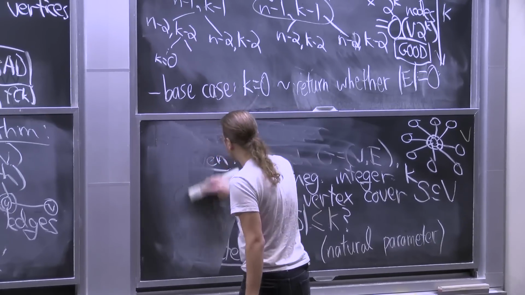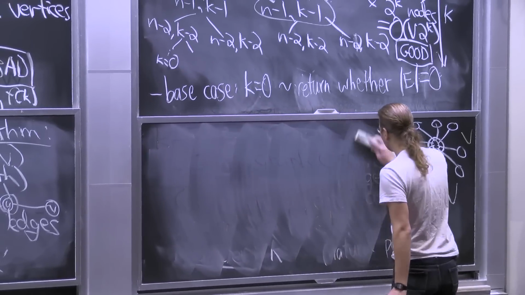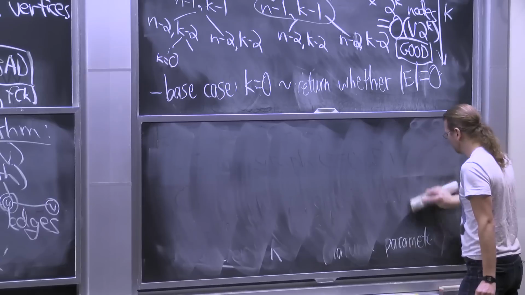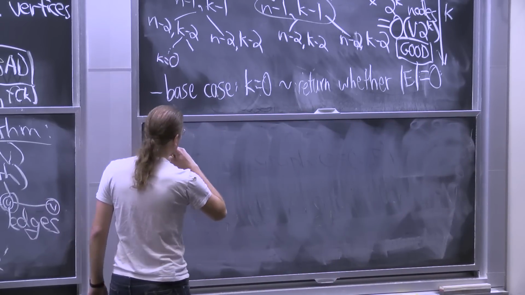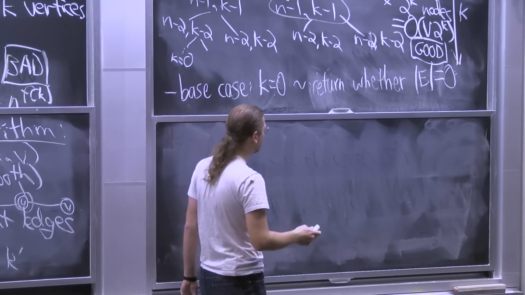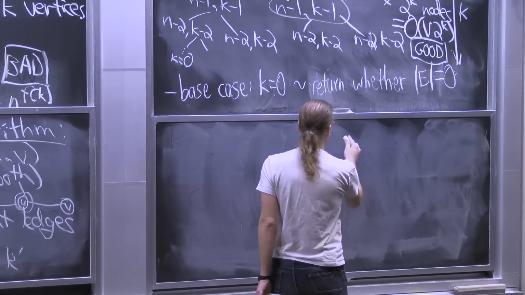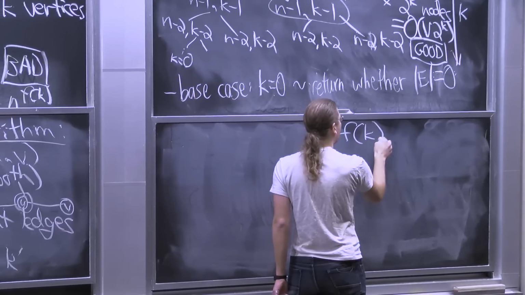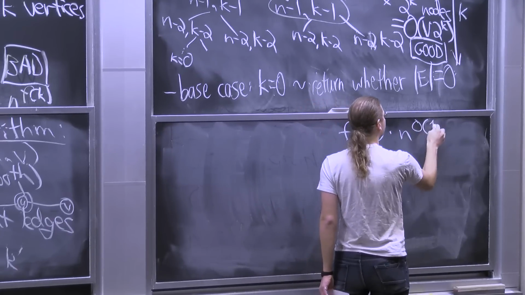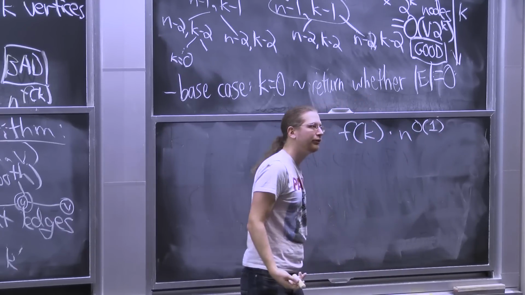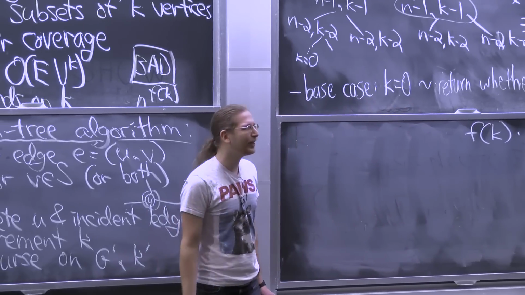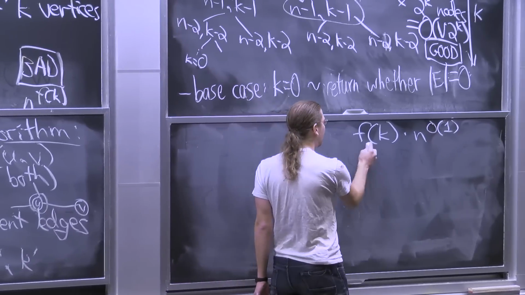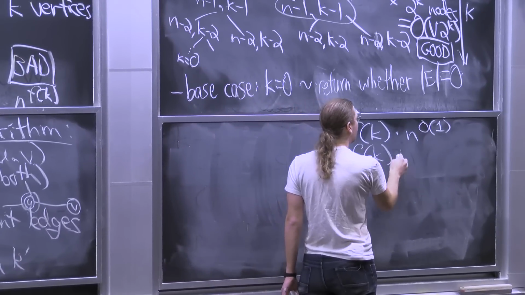You remember the problem by now. We have this definition, which is f of k times polynomial n. But I would say the first time I saw fixed parameter tractability, I thought, well, why do you define it that way? Maybe it would be better to do f of k plus polynomial n.